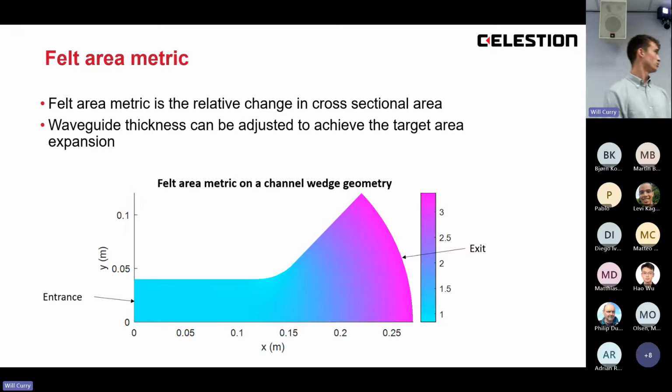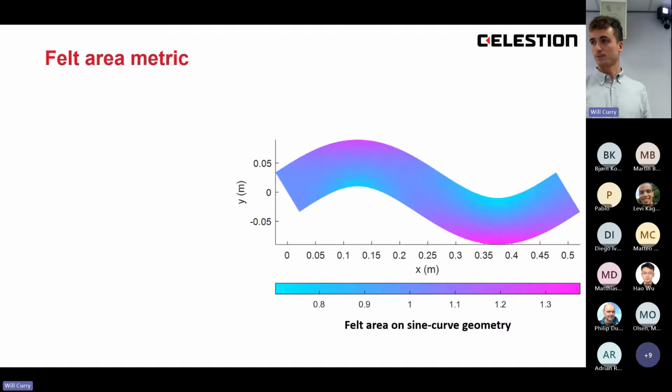This can be used to adjust a waveguide's thickness so that you can achieve the target area expansion moving through the geometry and then get the desired throat impedance.